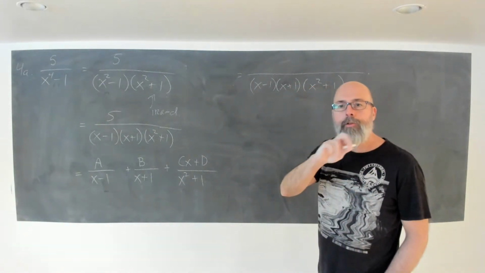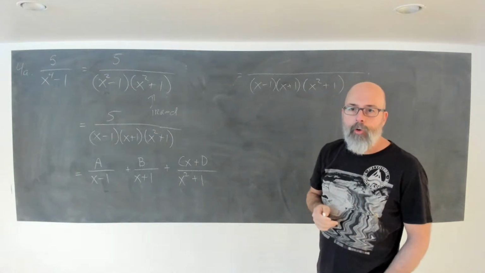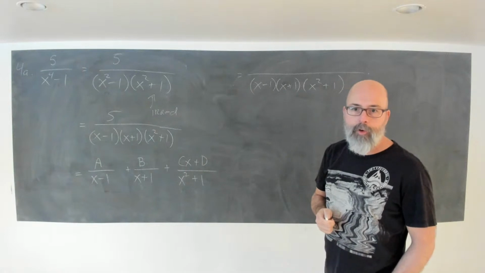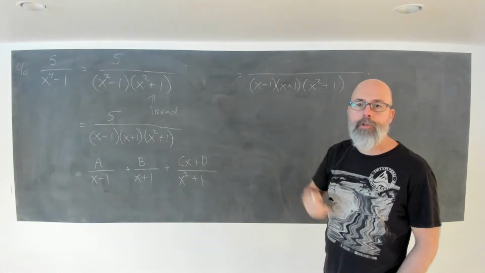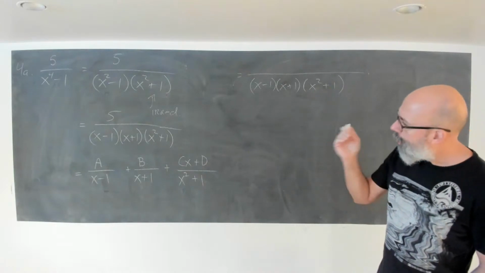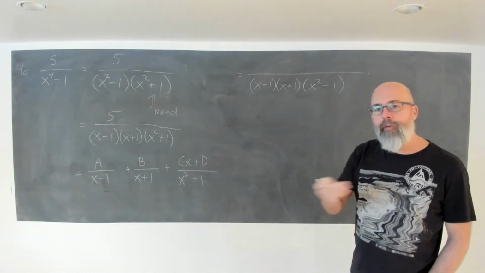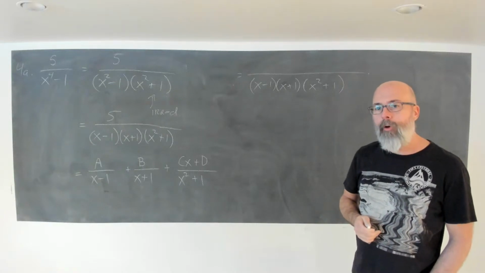Anybody want to tackle Sophia's question? Exactly. The answer is no, because polynomials of degree 4 are not irreducible. The only irreducible polynomials are degree 1 or degree 2 with no real roots. You're never going to have a polynomial of degree 4.